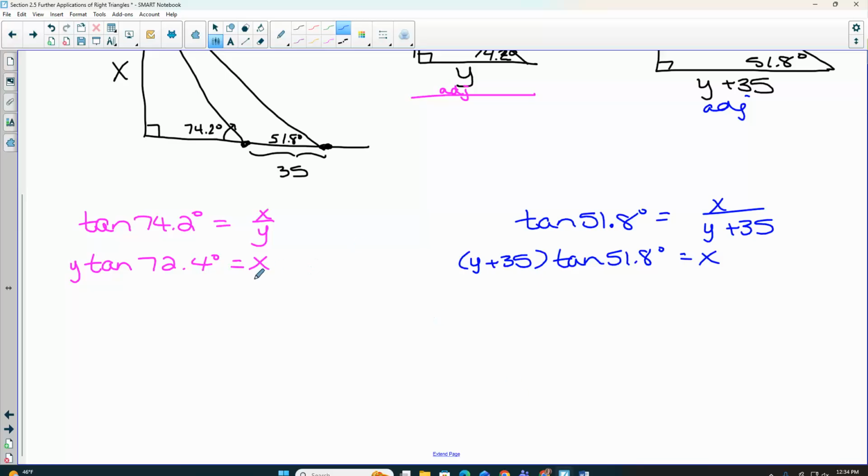They're equal to the same thing, so what we're going to do now is set them equal to each other. I'm going to go ahead and distribute this tangent.